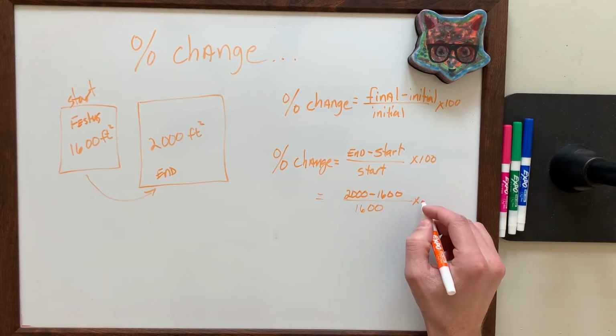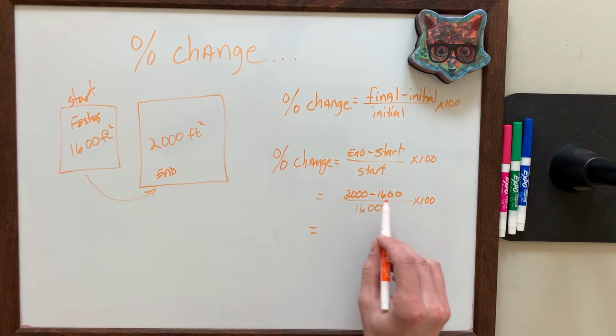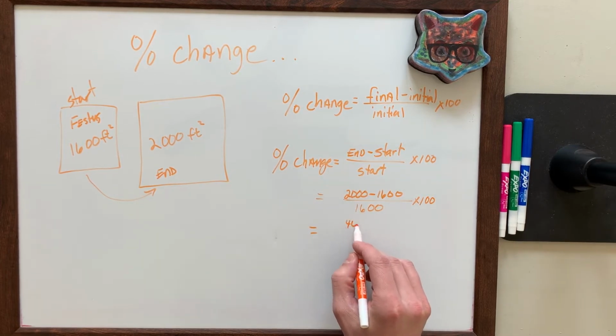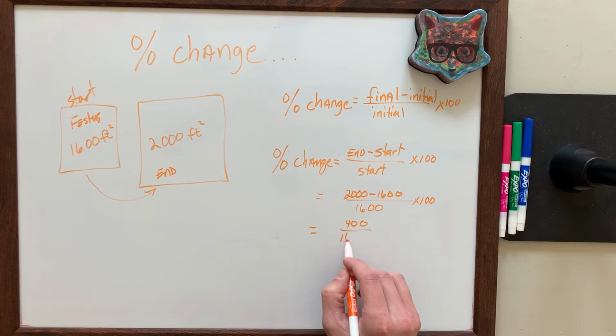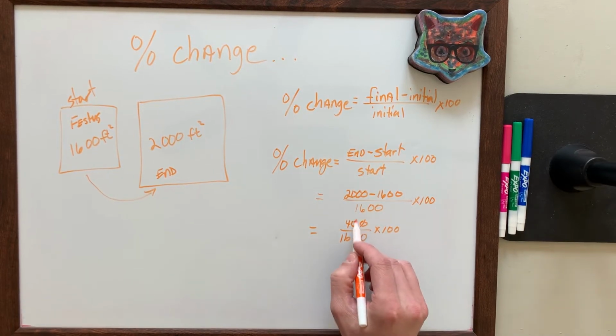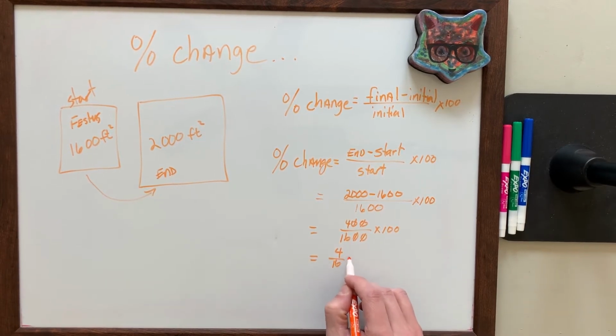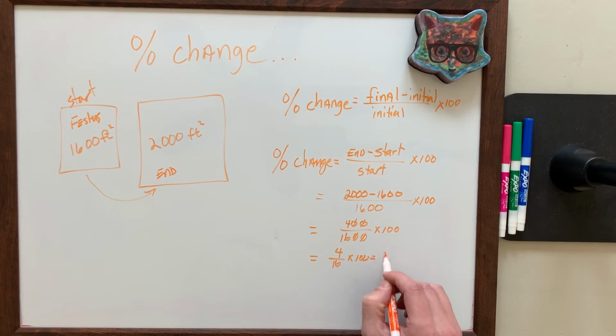Let's put our times 100 on there, and let's go ahead and do the math. 2,000 minus 1,600 is 400. We're going to divide by 1,600 times 100. And I can cancel these two zeros, which looks like 4 divided by 16 times 100, which is 25%.